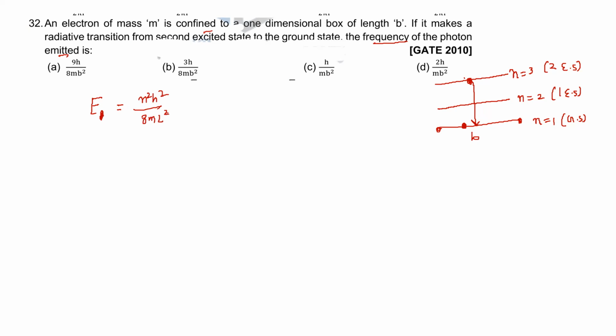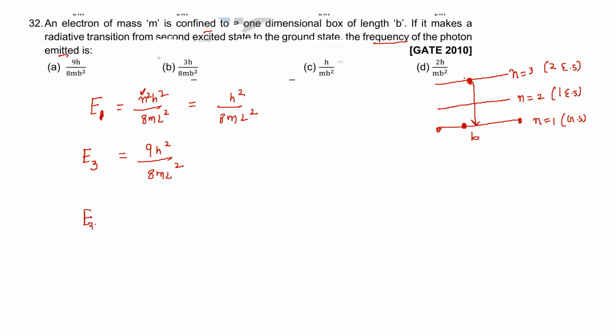This formula is very, very important to solve the questions for a one-dimensional box. Here n equals 1, so you will put 1 here and get h square over 8 m L square, which is the energy of the ground state. Now let's find the energy of the second excited state, for which n equals 3. You will substitute n equals 3 and get 9 h square over 8 m L square.